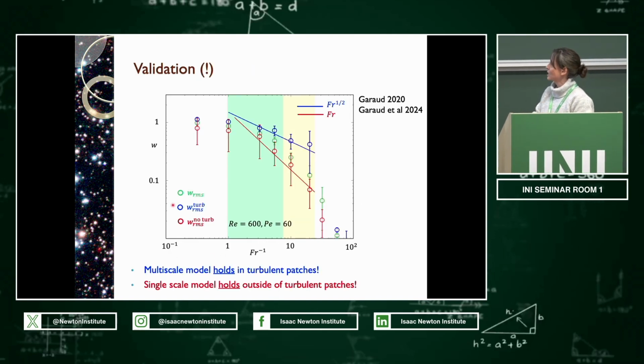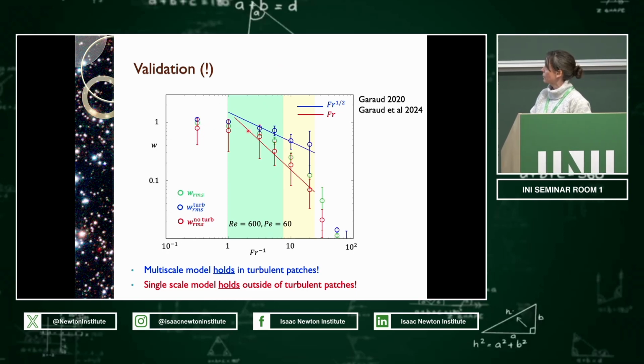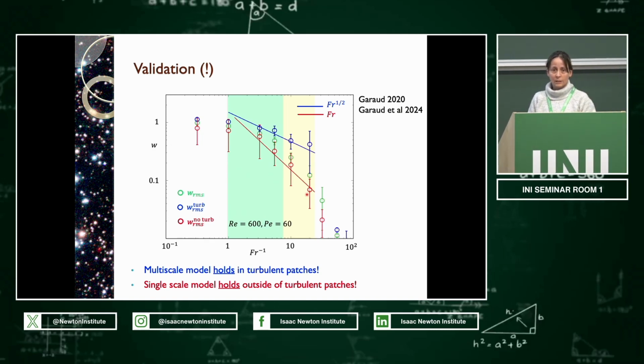So, and this is the result, right? So the green line is what I showed you earlier. That's the regular RMS velocity. And then the blue line is the RMS velocity weighted to the turbulent patches. And the red line is the RMS velocity weighted outside of the turbulent patches.